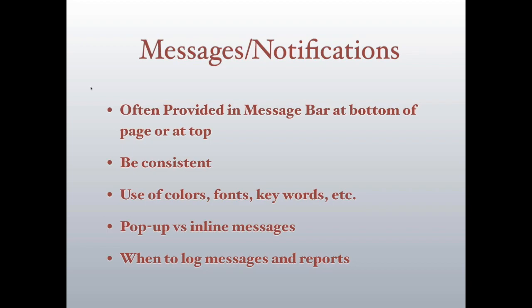Now, maybe they want to be able to track that or look at it later. So maybe I put it out in a log, or there's a report that can show the history of changes to their data, but it's not immediately available in their face. That's really a consideration: is this data that I really want to throw out on a screen, or is it something they probably want to see in the future?